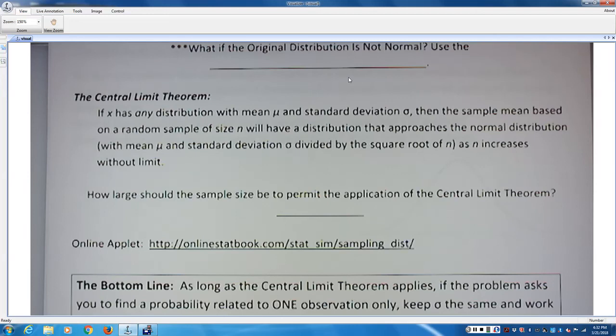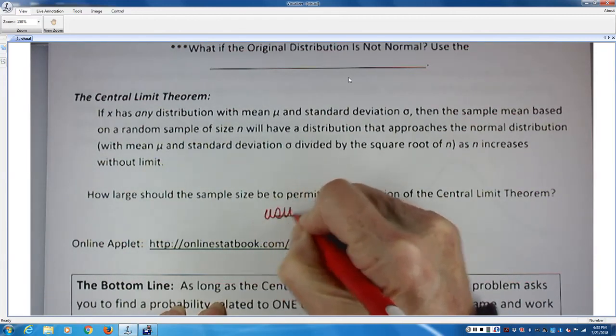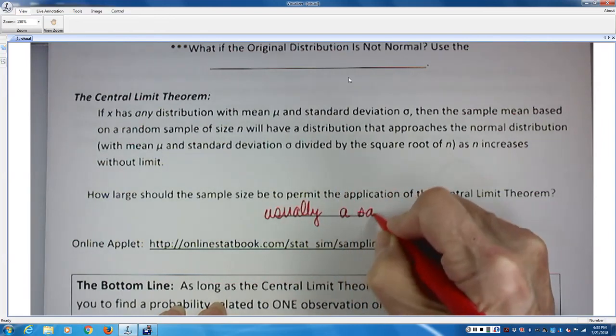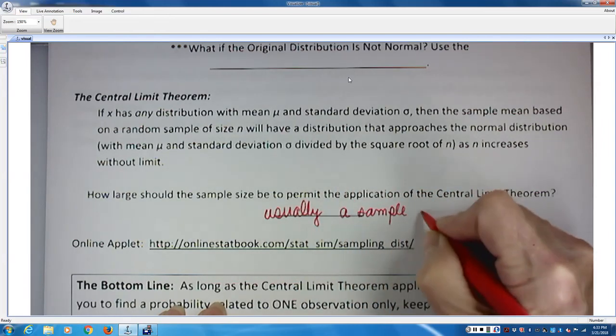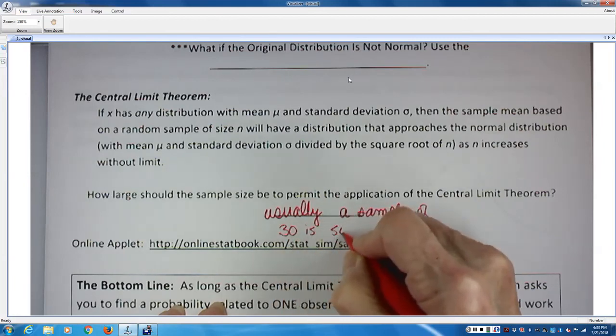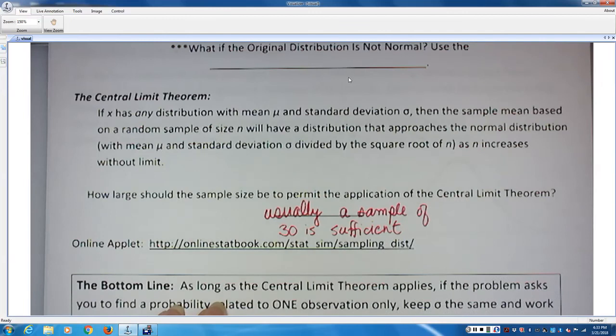How large should the sample size be to permit the application of the central limit theorem? Well, without going through the applet and a bunch of definitions, usually a sample of about 30 is sufficient.